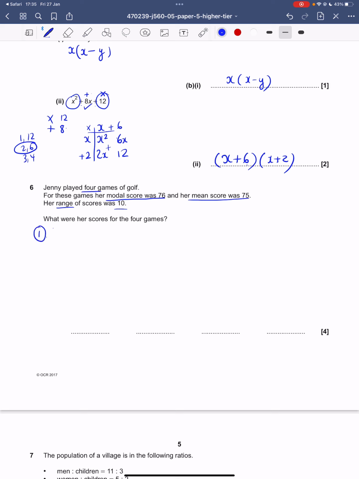So the first thing I would do here is work out the total for the 4 games. Let's use a different colour, bright yellow.